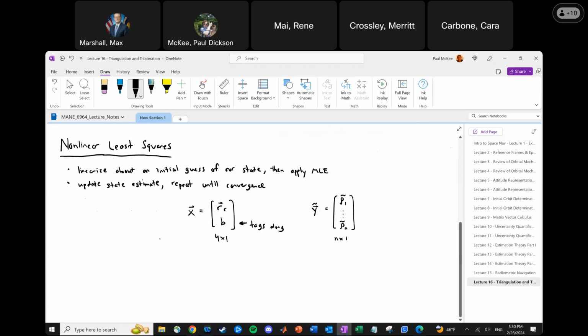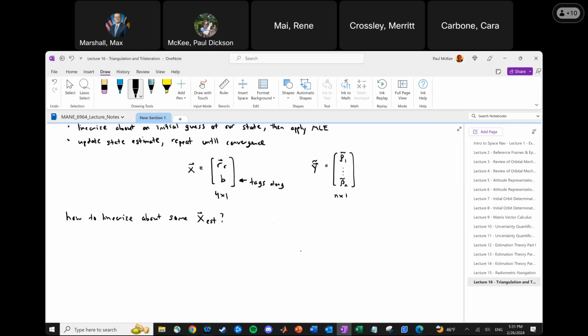So then, how do we linearize about some initial guess, which we're going to call X estimated? Whenever we linearize, we've got our friend Taylor that we're going to talk to.